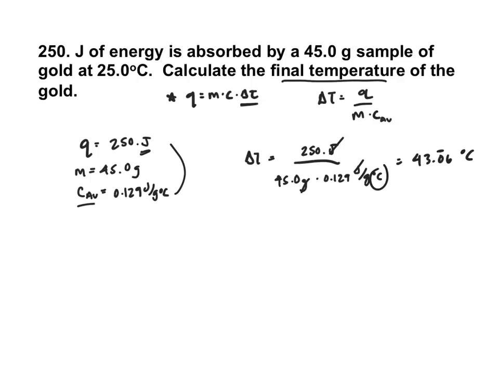Now they didn't ask for delta T, they asked for temperature final. So remember that delta T is equal to temperature final minus temperature initial. Okay, and if we manipulate this, we end up with temperature final being equal to delta T plus temperature initial. So if we plug that in, we're going to end up with the following equation.